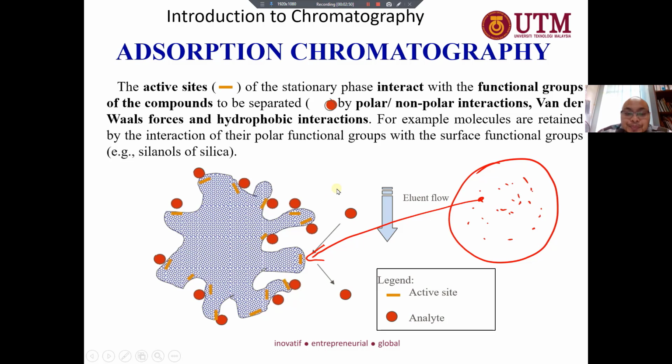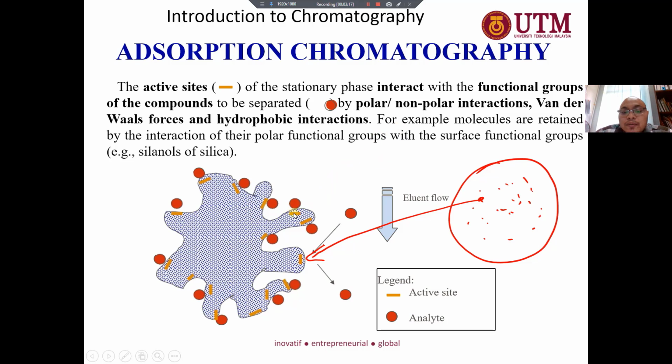Again, in adsorption chromatography, the interaction is on the surface, where the surface active sites interact with the functional group of the compound. The interaction can be polar, non-polar, van der Waals forces, or hydrophobic interaction.